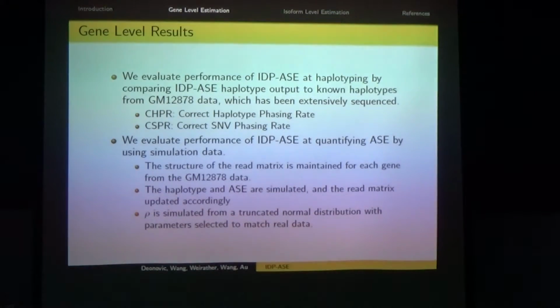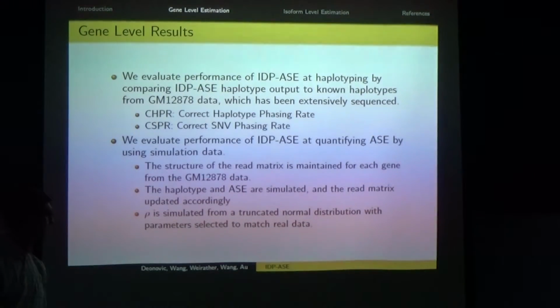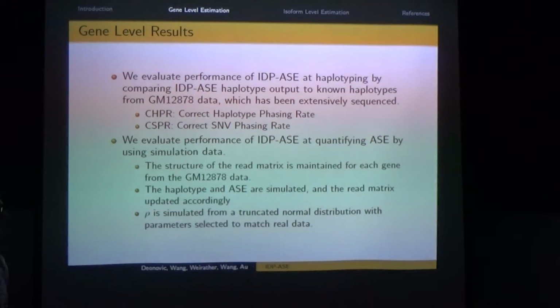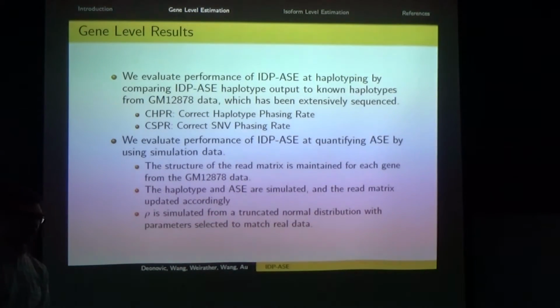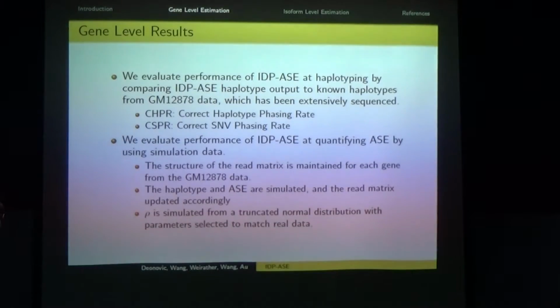To evaluate the performance of IDP-ASE at quantifying allele-specific expression is a little harder because there's no gold standard data to do this. And so we rely on simulation data instead. And so we utilize the structure of the read matrix obtained from the GM12878 data to get simulation data that has coverage and number of reads similar to real data.